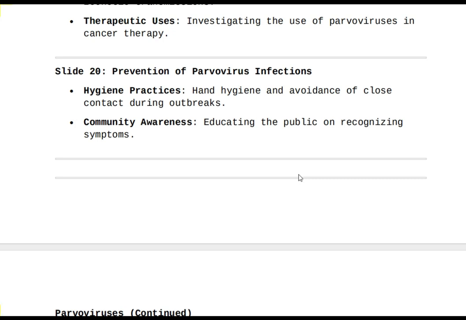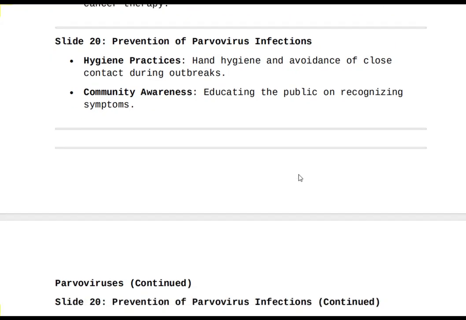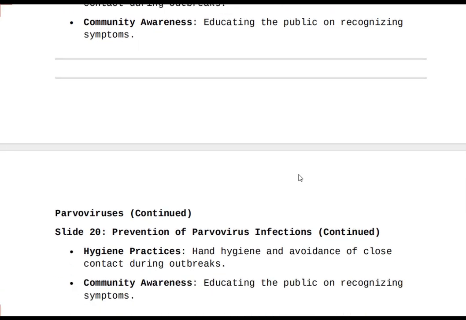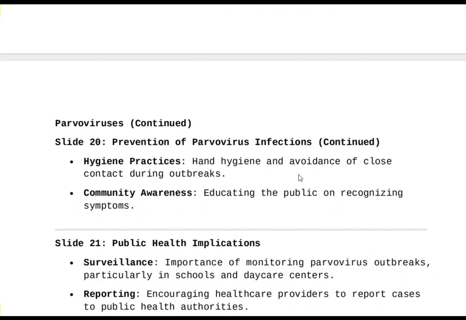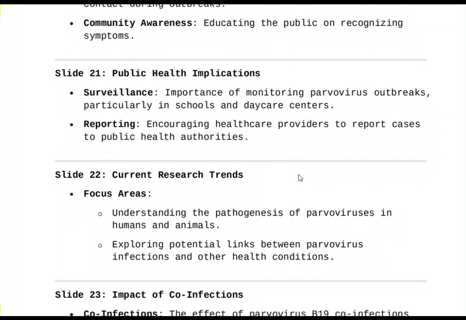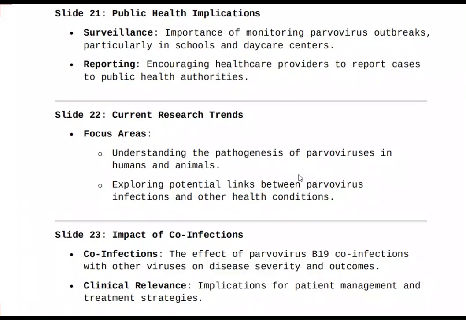Community awareness is to educate the public on recognizing symptoms, so that if you find signs and symptoms, you may report them and avoid the spread of this disease. Hygiene and education, as already mentioned.